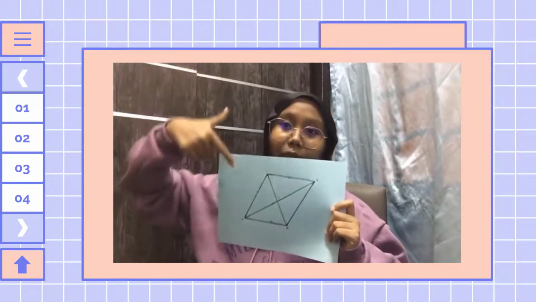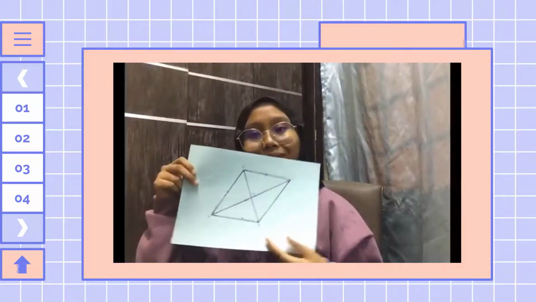Today, I will present to you about the area of parallelogram. But before we go further, what is the area of parallelogram? The area of parallelogram is the region bordered by the parallelogram in the given two-dimensional space. So, this is an example of a parallelogram.